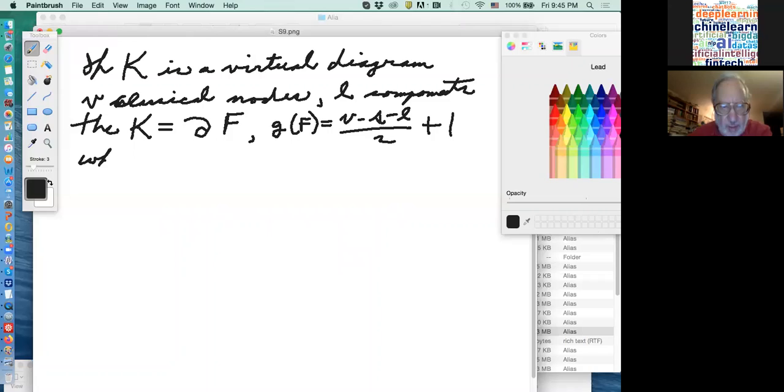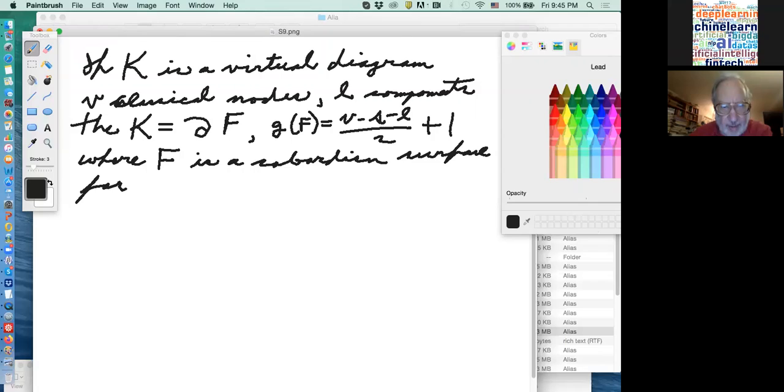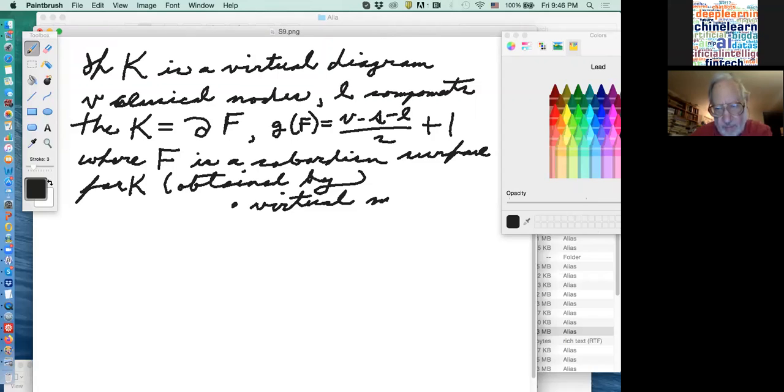where F is a cobordism surface for K, obtained by virtual moves: saddles, births and deaths.